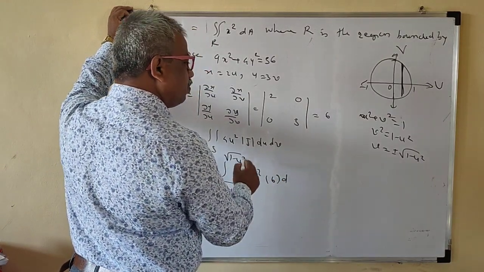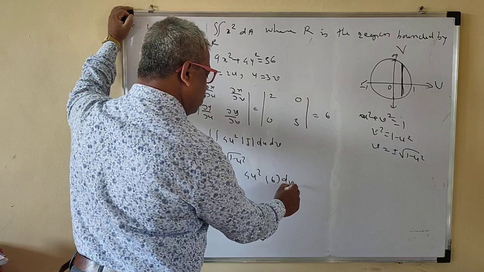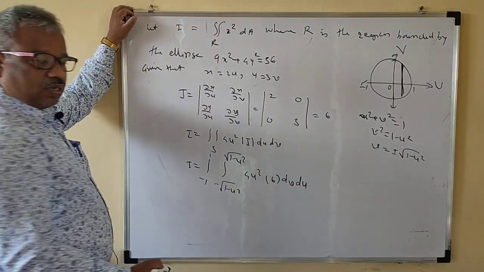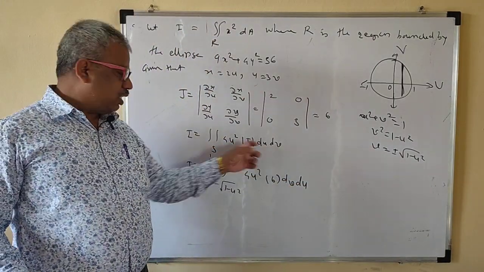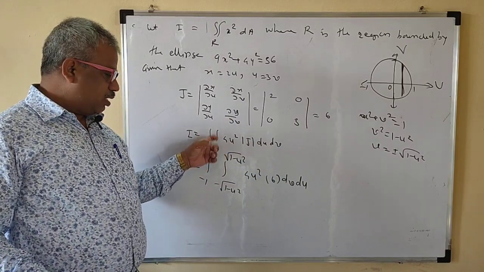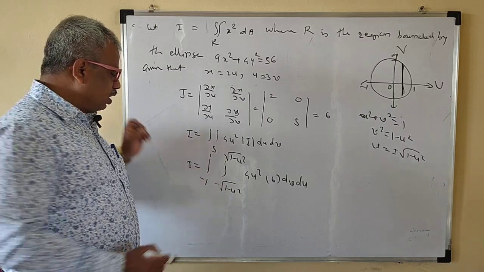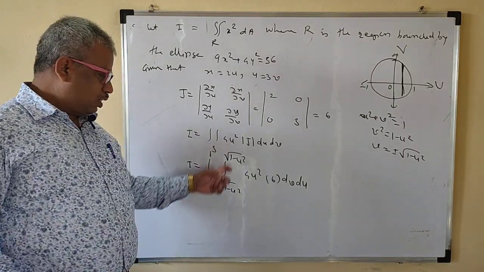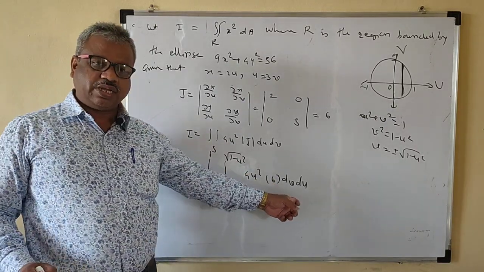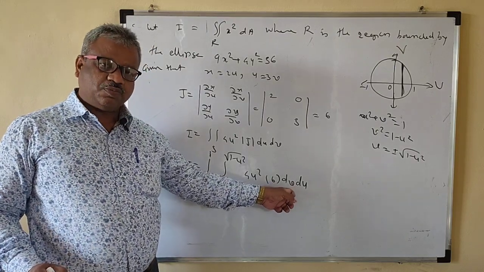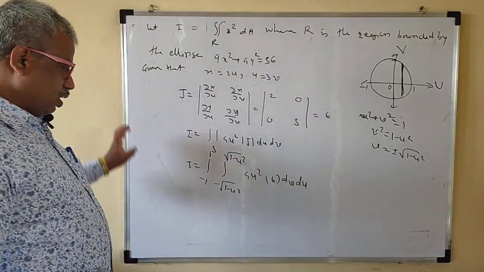So these are the limits of v. So this is what? dv du. This order is very important now. Here, du dv, here order is not important because we have written here integral over S. But here what? You have the limits of u and v. So these are the limits of v. You must have to integrate v first. So dv must be first and then du. So order is important here.